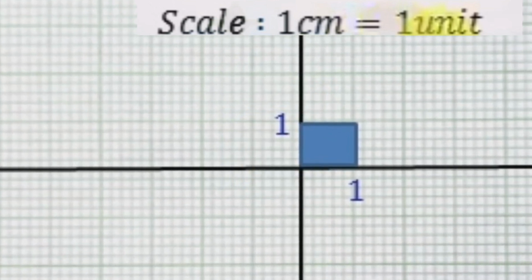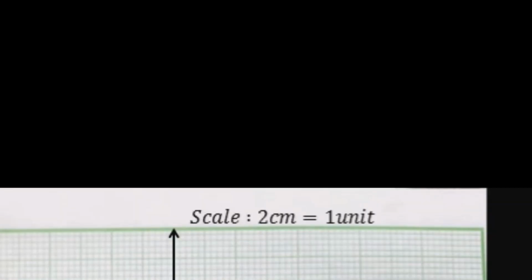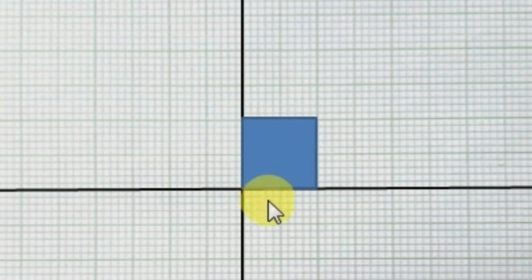This is for the scale 1 centimeter equals 1 unit. Now if the scale is 2 centimeters equals 1 unit, then we'll take these 10 small boxes as 1 along the x-axis and these 10 small boxes as 1 in the y-axis.